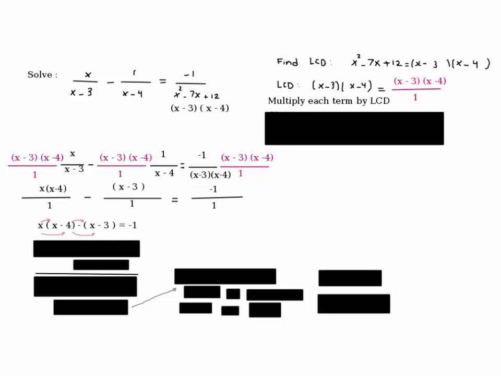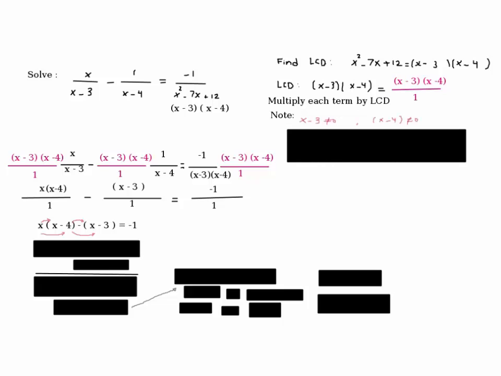Now, before I move on with the next step, can somebody tell me what are the restrictions? What are the numbers that we cannot assign for x? It's very important to know that now. 4 and 3. Positive 4 and positive 3. Why is that? How did you find that? Because that will make the denominator equal to 0. Very good.